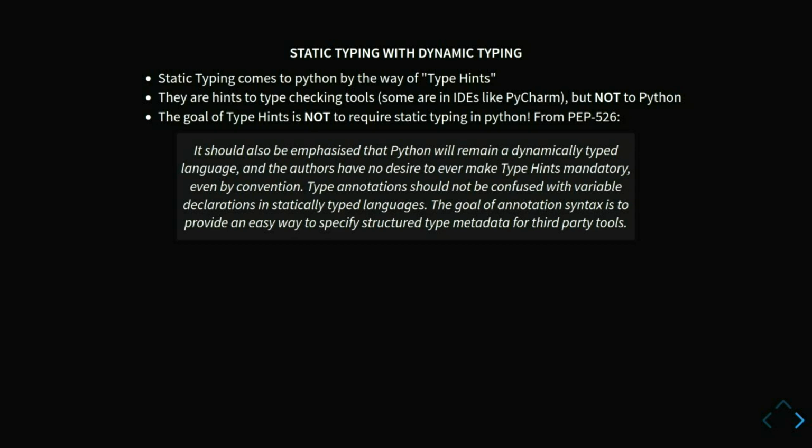PyCharm started it from my reading, but now, like my editor Emacs, it understands it as well. So it's actually doing those MyPy checks as I type. And again, this is the last time I'll say it, but the goal of type hints, at least in the CPython implementation, is not to use them for the language, but to be used by separate tools. And that was said in PEP 526.